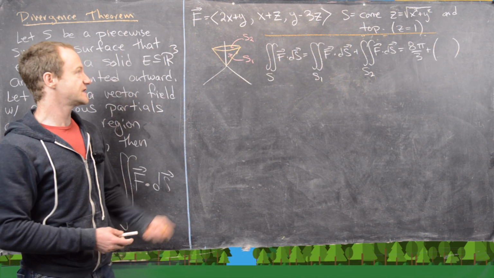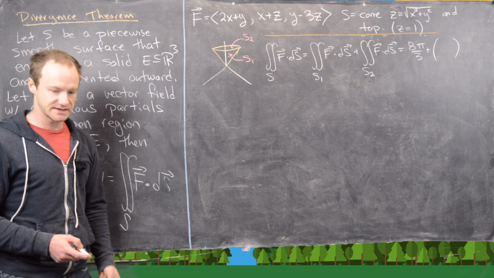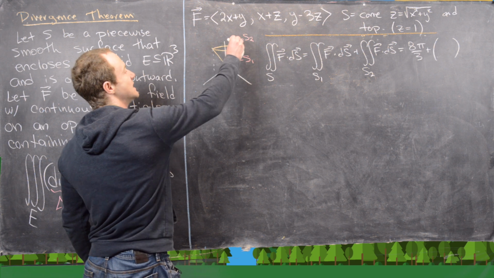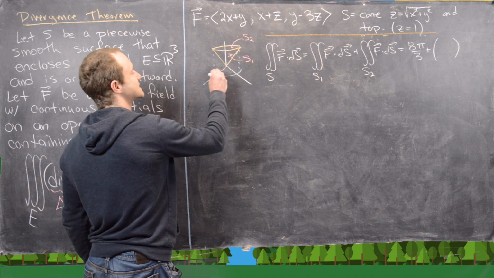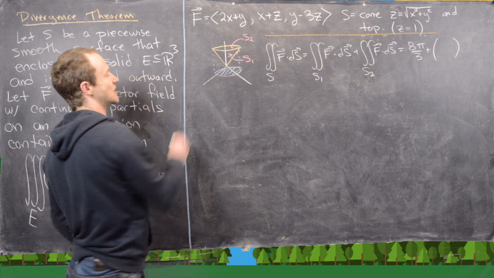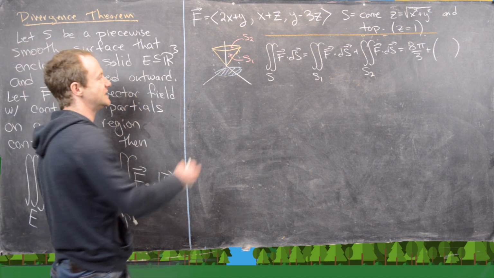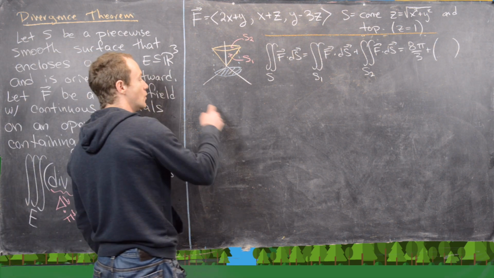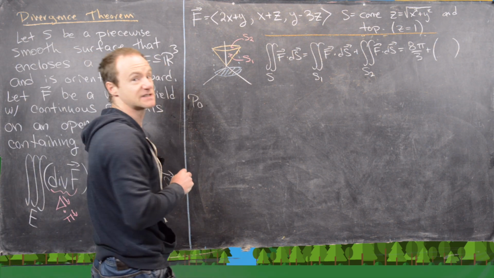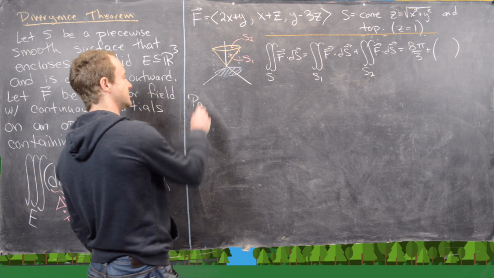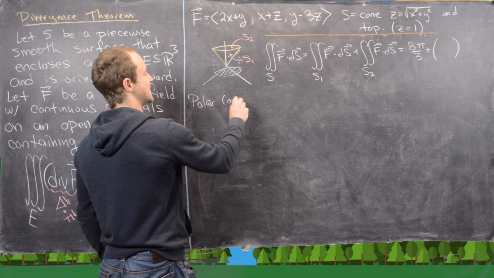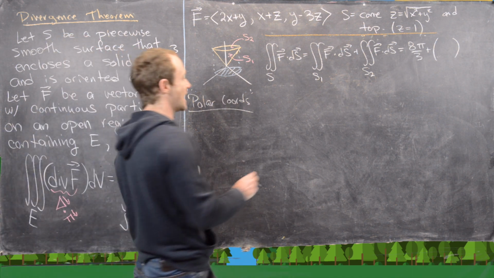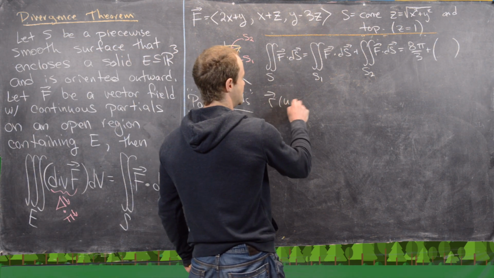Okay, so the first thing that we need to do is parameterize this, but notice that this top is essentially the same thing as a disk, which we know how to parameterize down here in the plane. It's just that disk that's been lifted up. So we'll again take inspiration from polar coordinates to write r(u, theta).